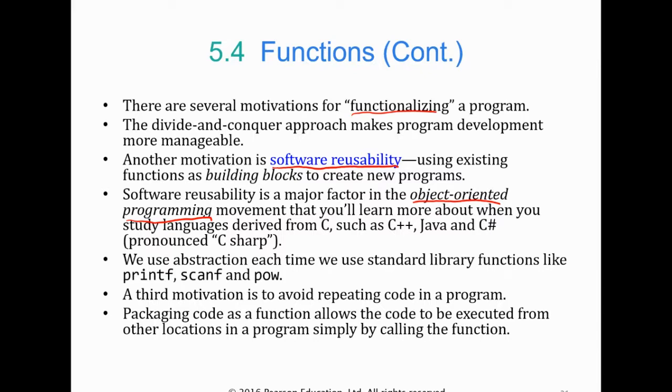And it was derived from C, because C is the oldest, so reusability techniques were all derived from C. The basic idea of reusability was functions in C, but C++, Java and C Sharp introduce even more advanced concepts that make writing programs even easier than it is with C.